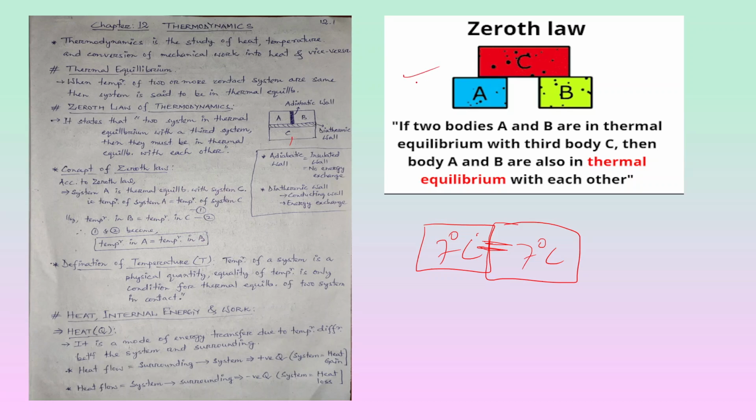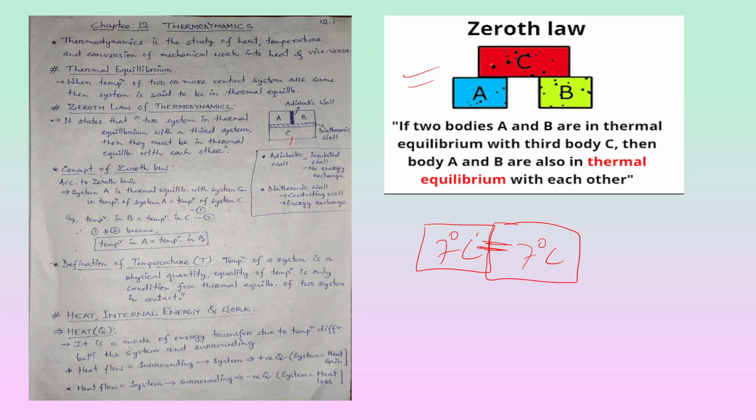You can also see this in the picture. We contact system A and the third system C, and also contact B and C, and we separate A and B. When we contact two systems, thermal equilibrium is achieved, right?